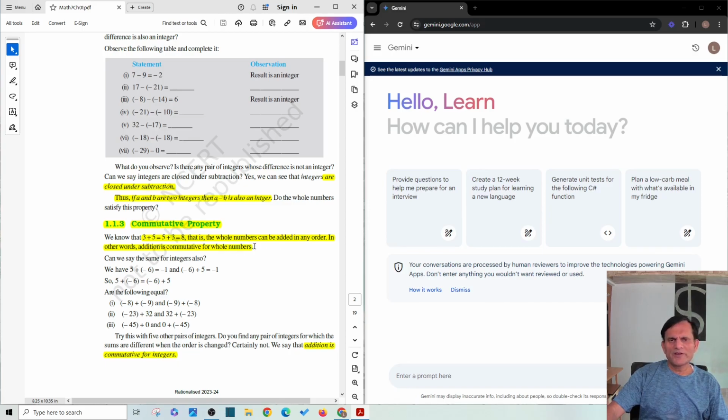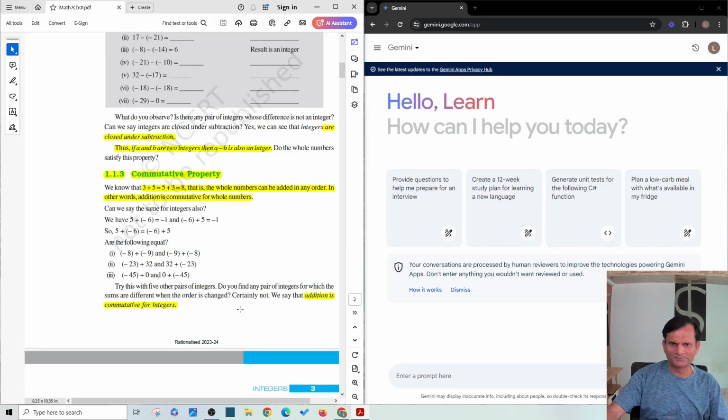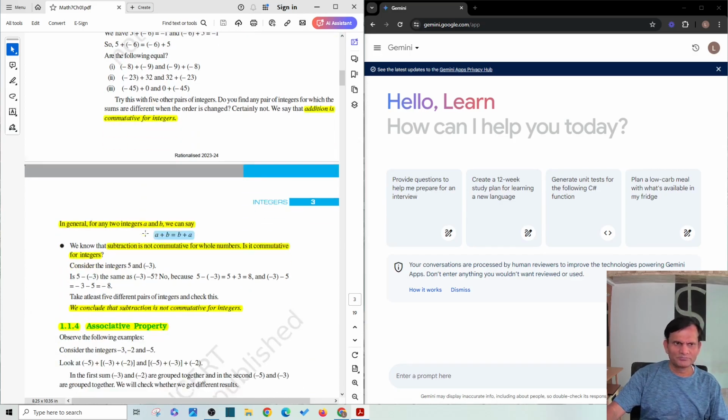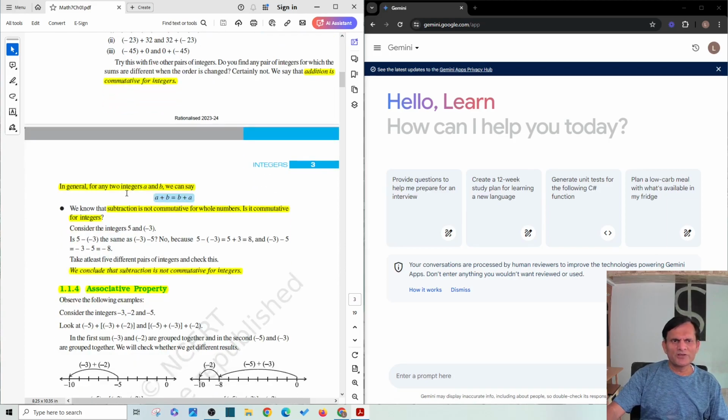So if you are adding in any order, you get the same result. So you can say addition is commutative for whole numbers, and addition is commutative for integers also. In general, for any two integers a and b, we can say a plus b equal to b plus a.